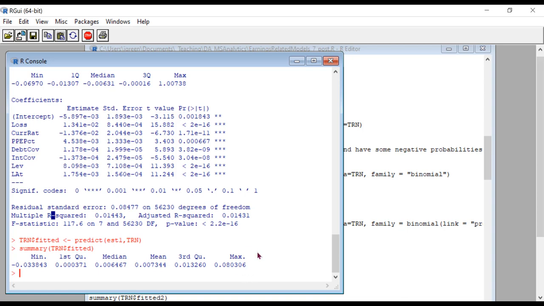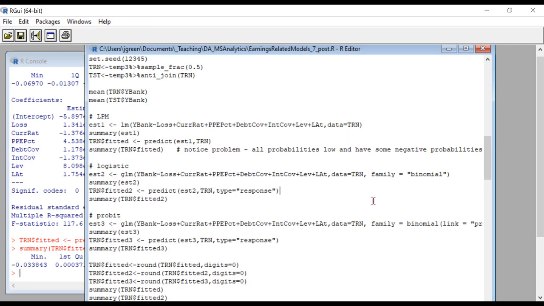So that creates some problems we'll see later. And even this maximum probability one, with 8% probability of going bankrupt, is a very low probability, so we're not too comfortable with this. It doesn't create something that says, yes, there's a high probability of going bankrupt.